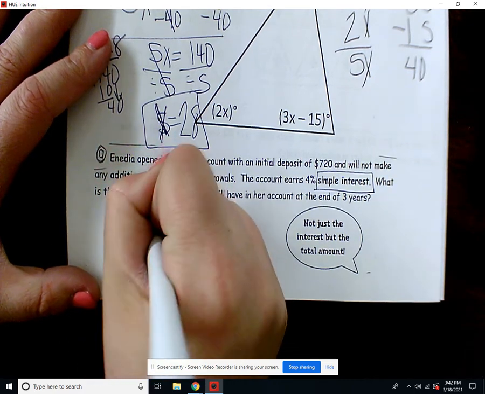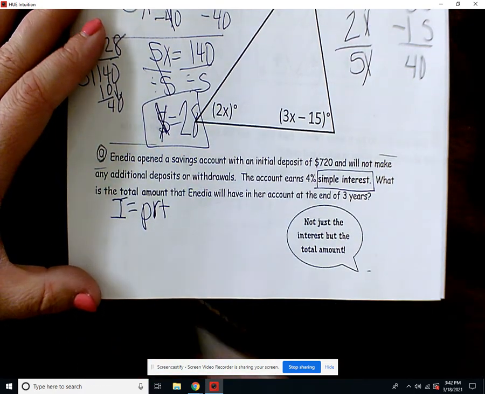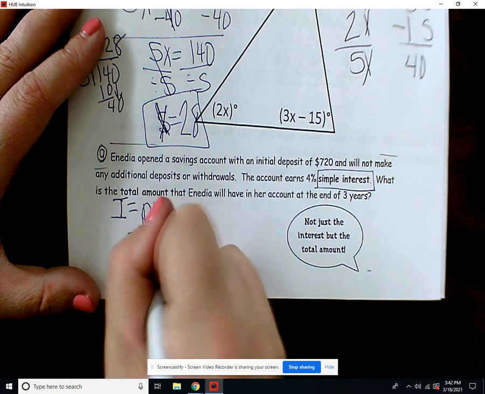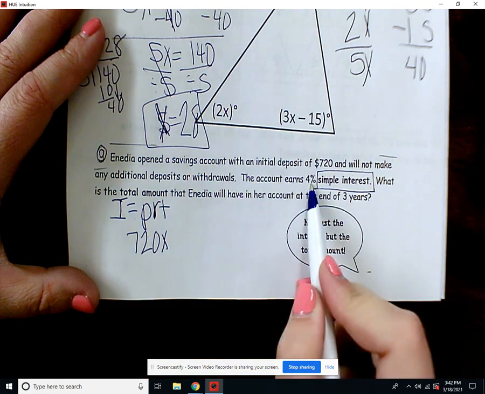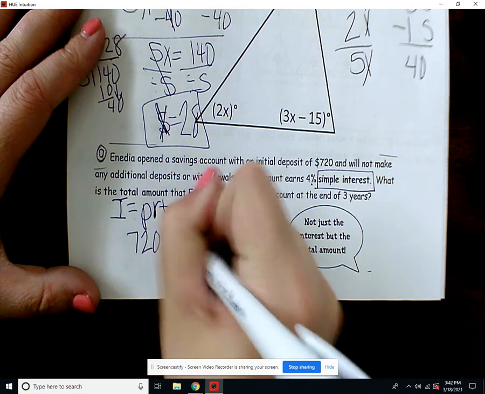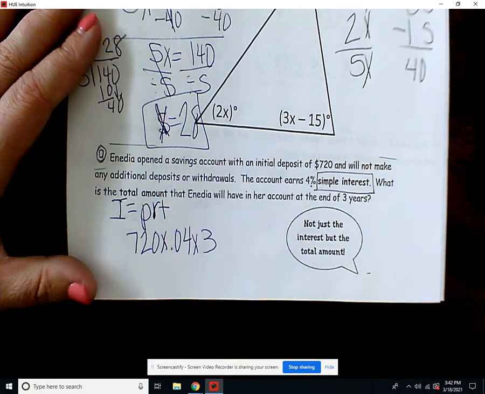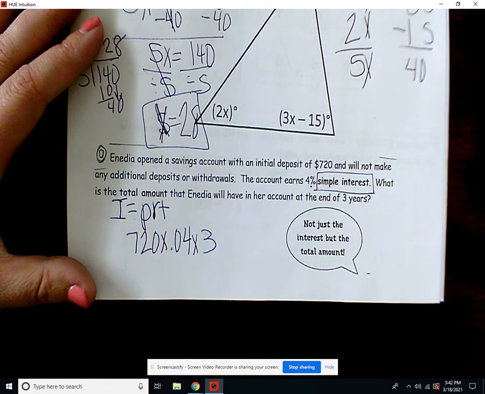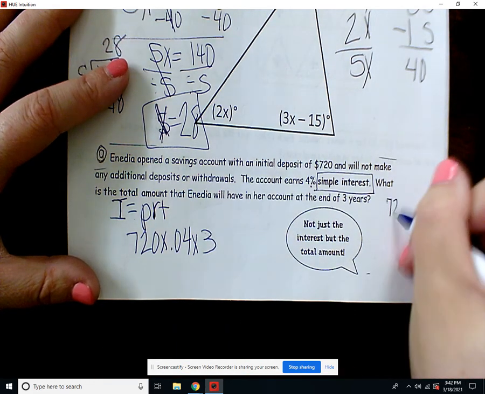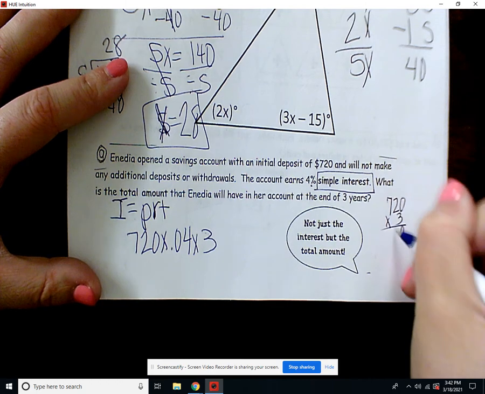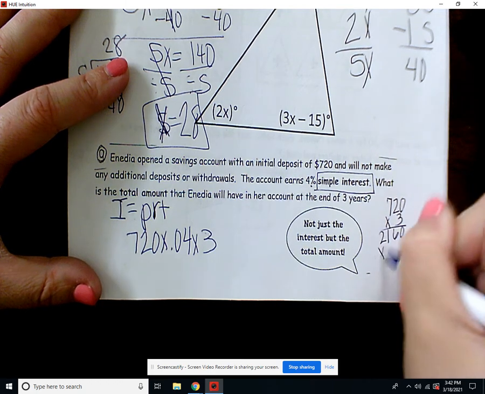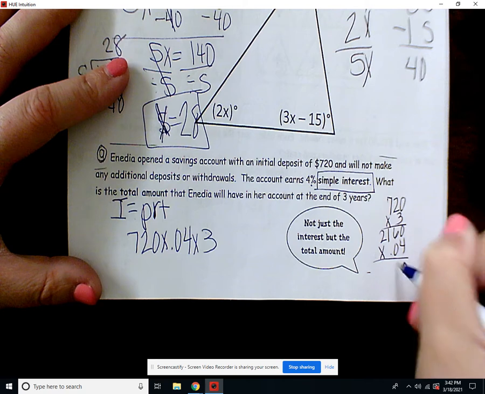I equals PRT. So P is the money amount. We times it by our rate as a decimal. So that's going to be 0.04. And then our T is going to be the number of years, which is 3. So we're going to multiply it all together. So I'm going to do 720 times 3 first. And then times that by our decimal last.